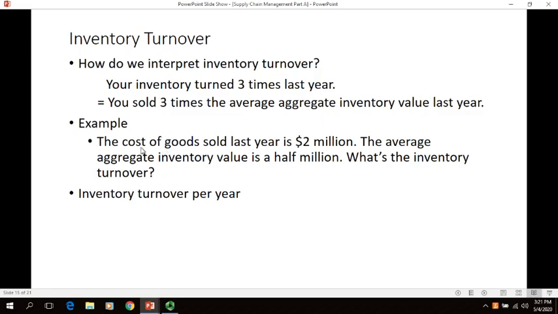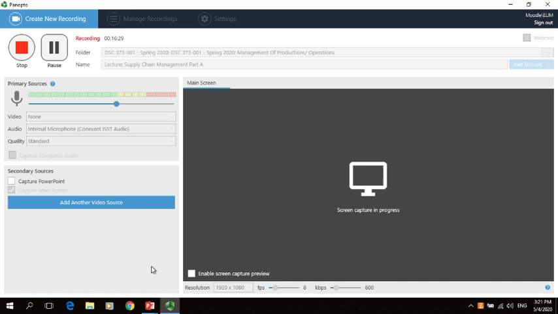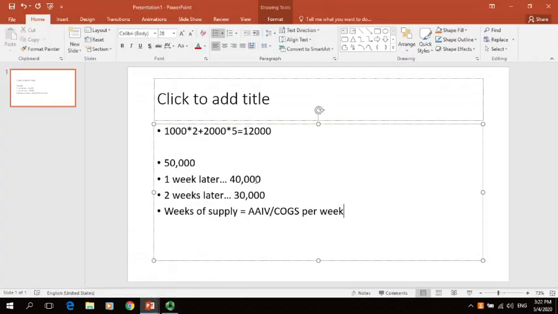So for example, if the cost of goods sold last year is 2 million, and the average aggregate inventory value is 500,000, or 0.5 million, what's the inventory turnover? Okay, so cost of goods sold was $2 million and your AAIV was 0.5 million.